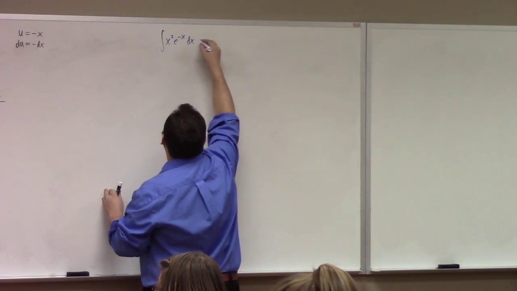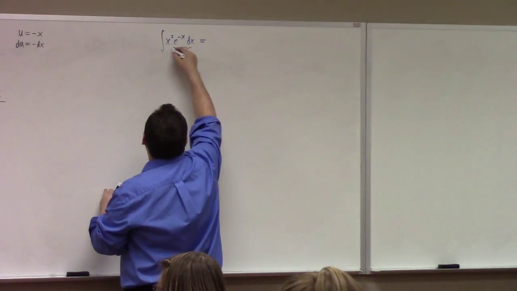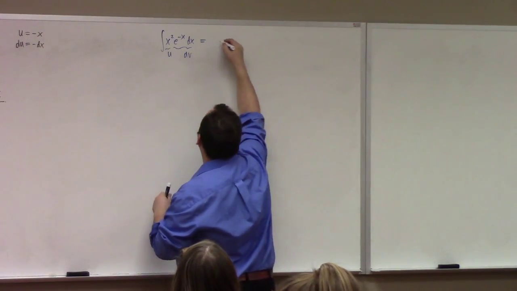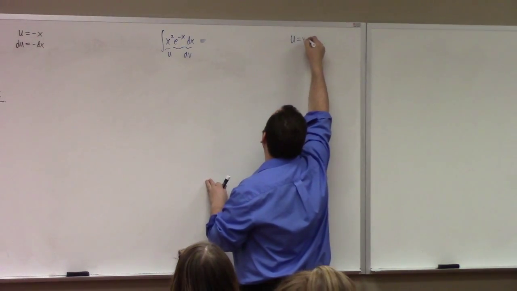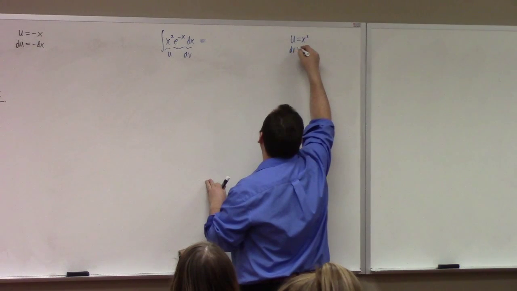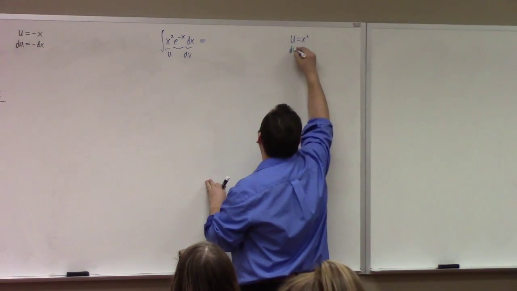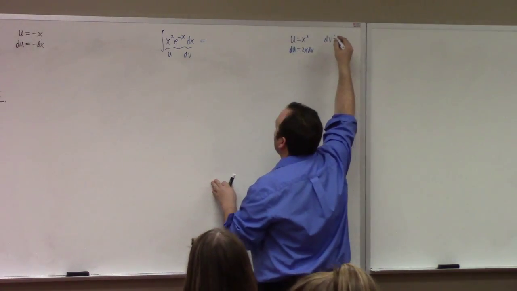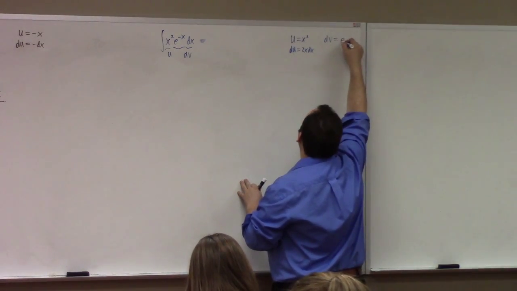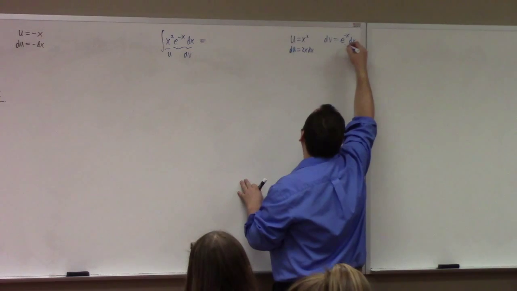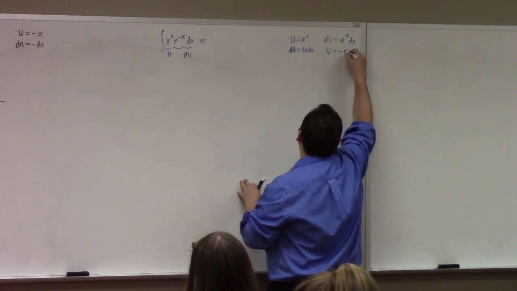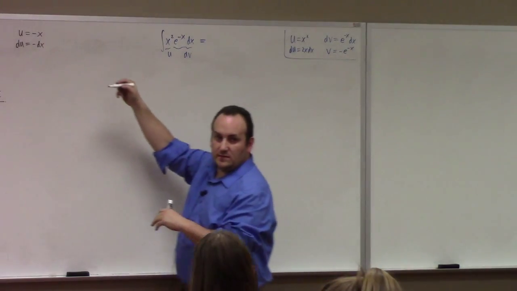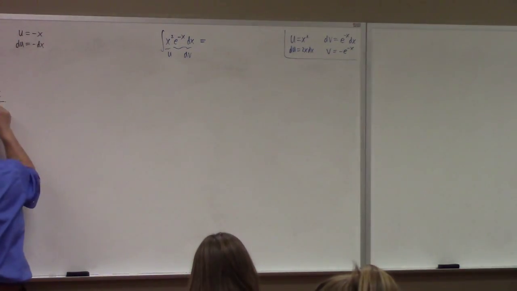All right. So this will be my dv. This will be my initial u. So u equals x squared, du is 2x dx. dv is e to the minus x dx. That makes v minus e to the minus x. The reason for the minus is this example over here, right?